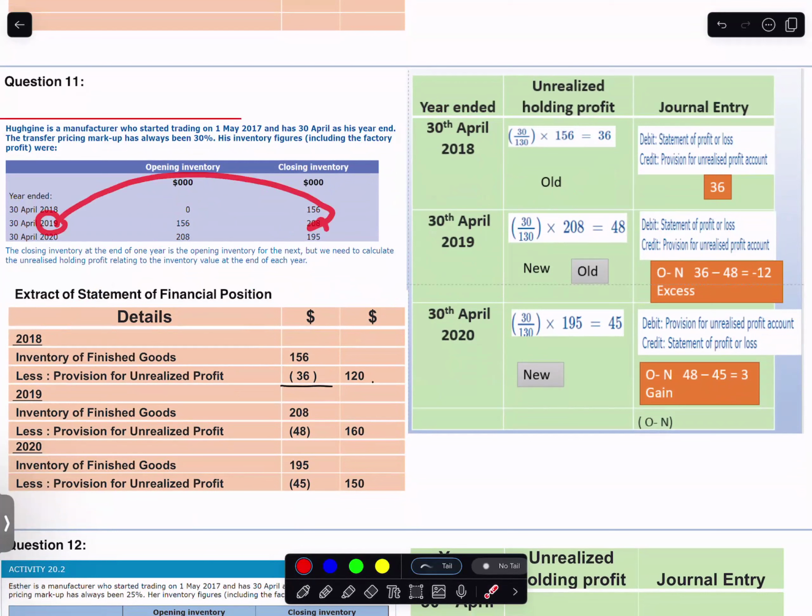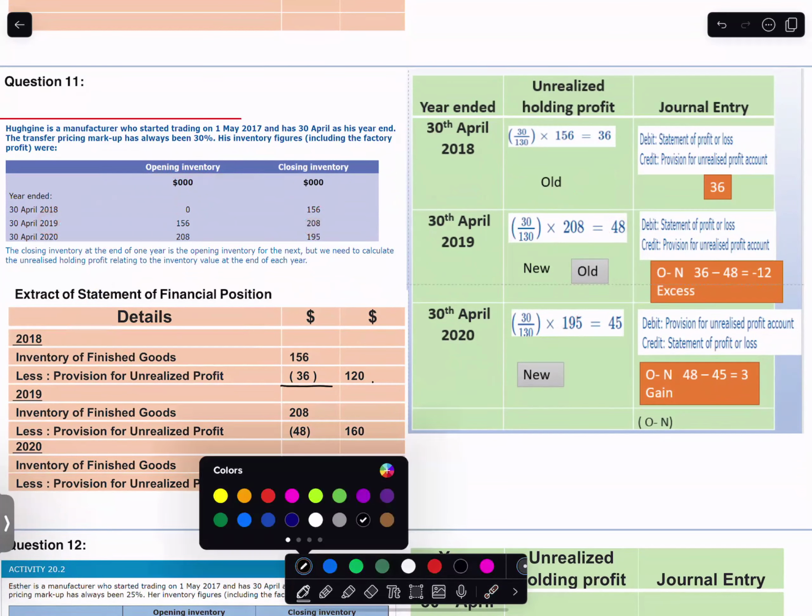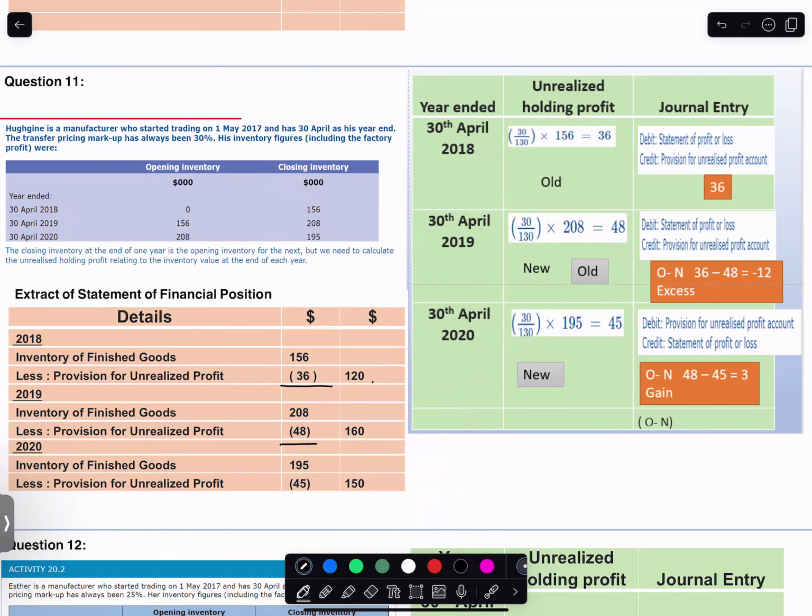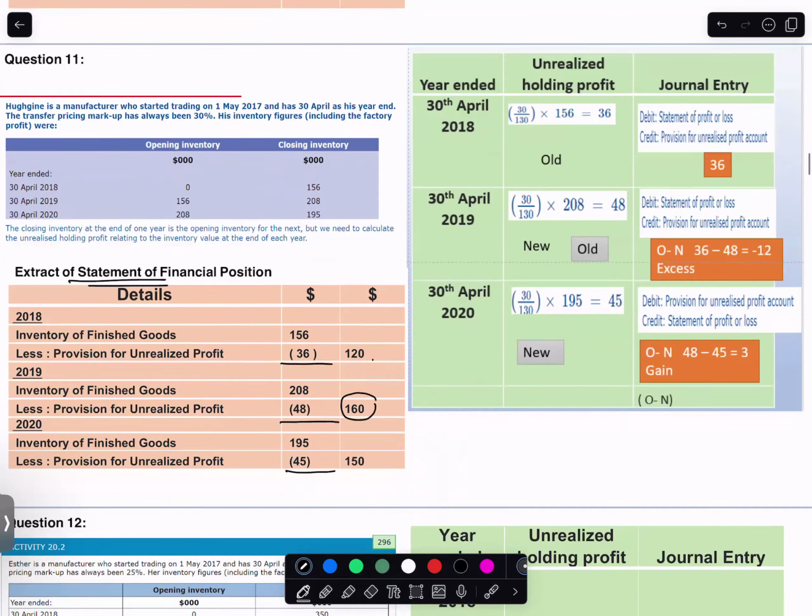Closing inventory is how much? 208. From that, you will remove your closing PUPA. Then you arrive at this figure. In 2020, what is your inventory of finished goods? 195. What is your PUPA included? 45. So you will remove 45 and you will come to 150. So this is your extract of the statement of financial position.